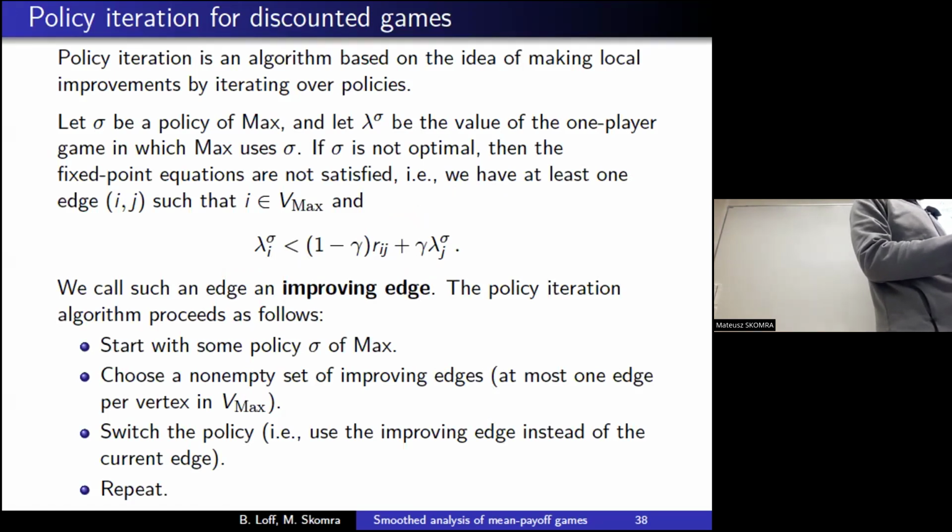Okay, let us focus on the discounted case first. In the discounted case, you take a policy, you find the value, and you check if the value is the same as the value of your original problem.